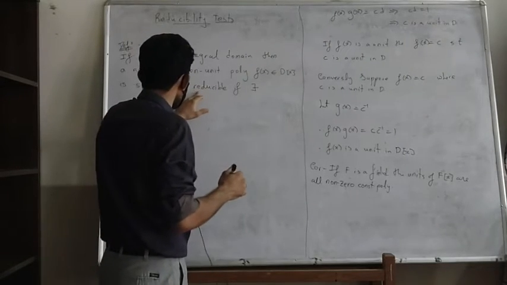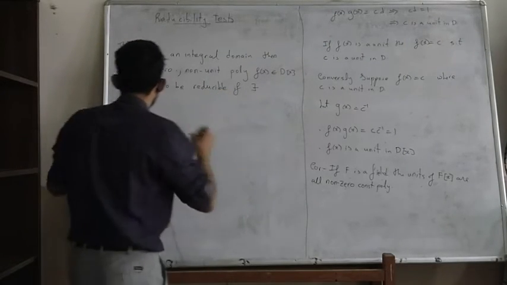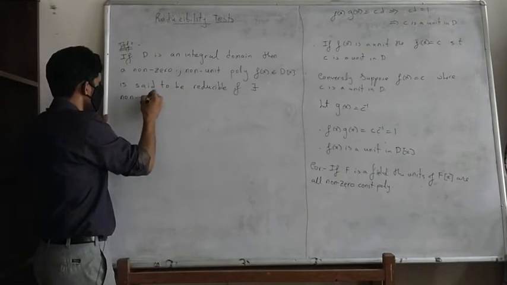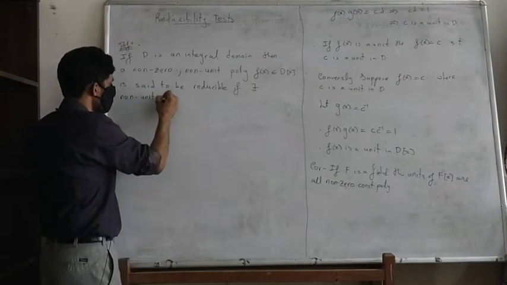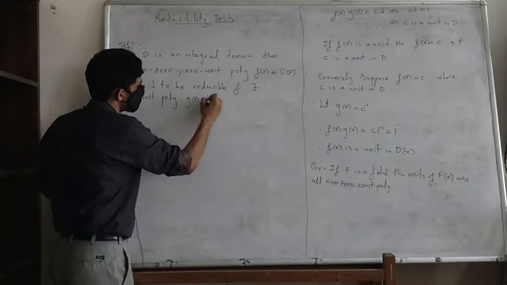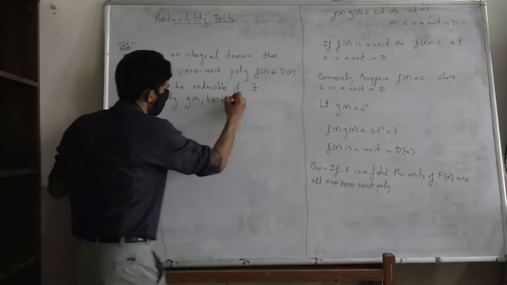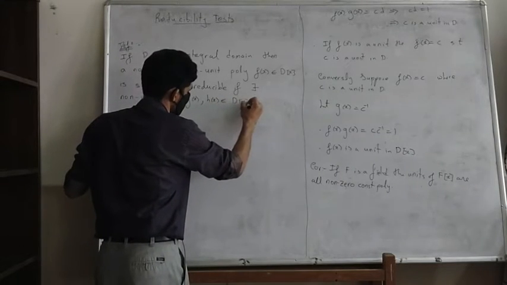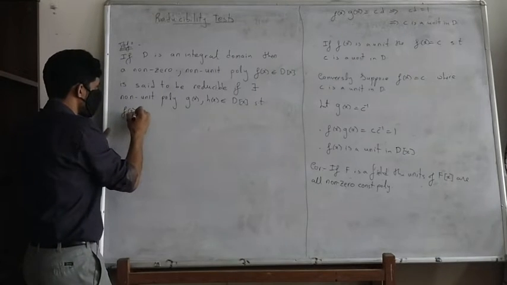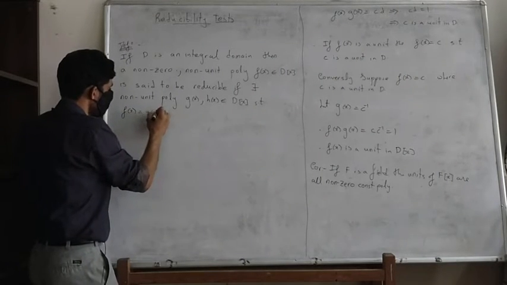Okay, so it's said to be reducible if there exist non-unit polynomials g of x and h of x in D[x] such that f of x can be written as g of x times h of x.